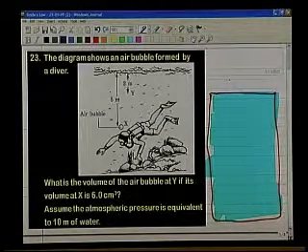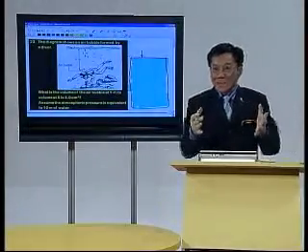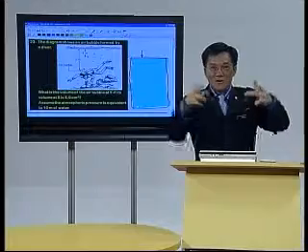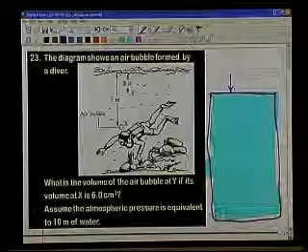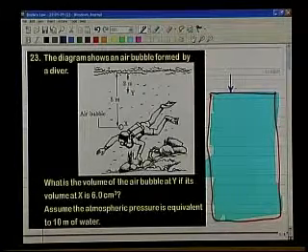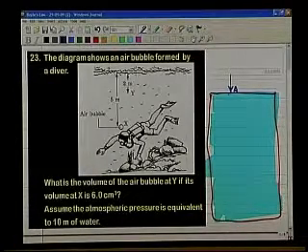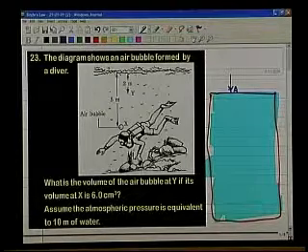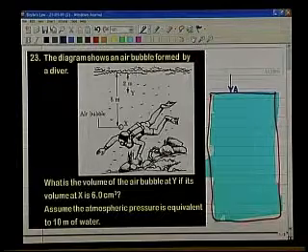Now, at the surface of the water, what is the pressure? What is the value of the pressure? At point, let's call it A. Now, at point A, the atmospheric pressure acting at point A is 10 meters of water.